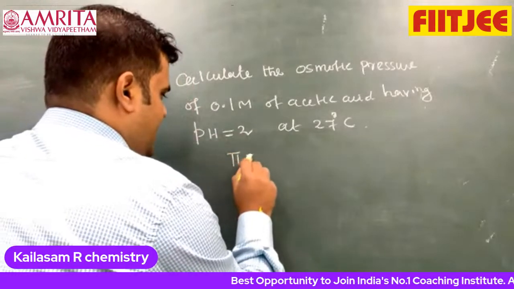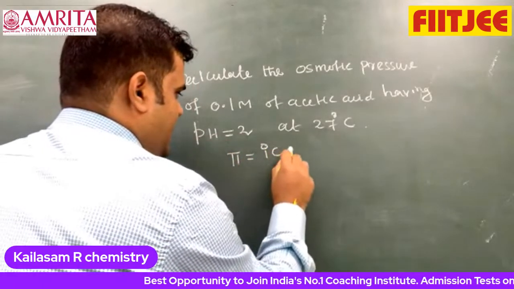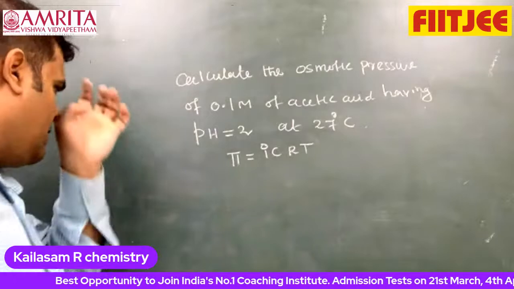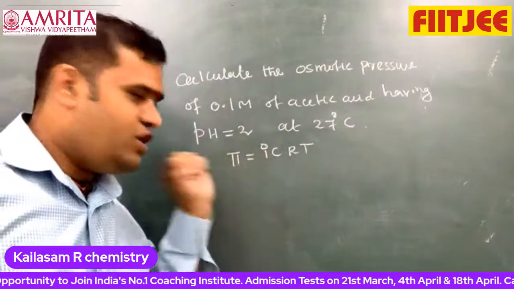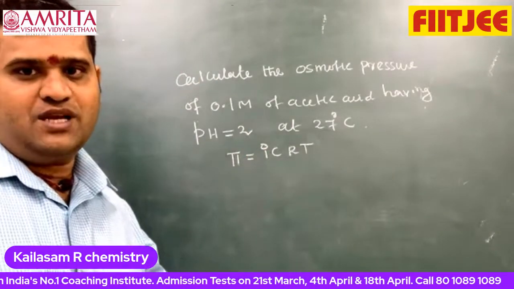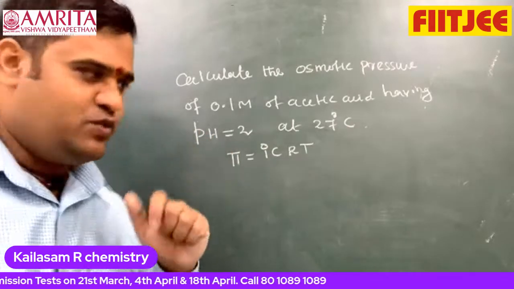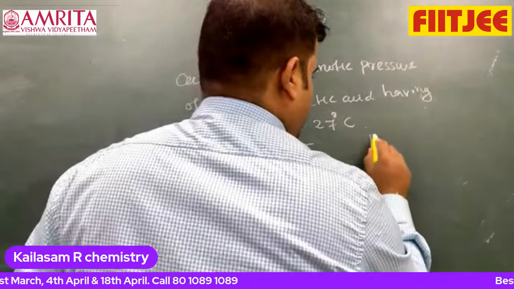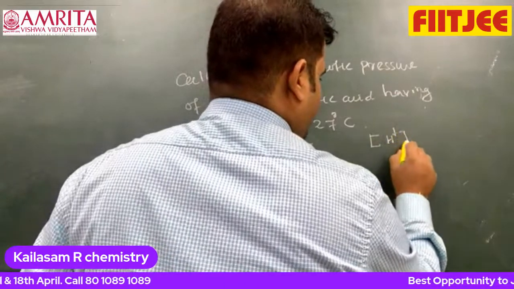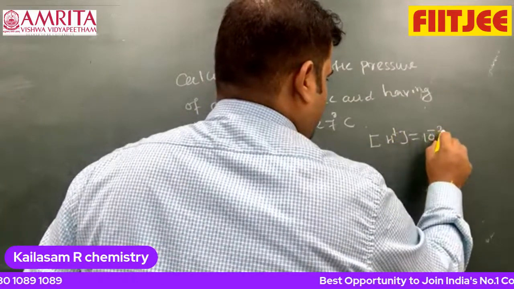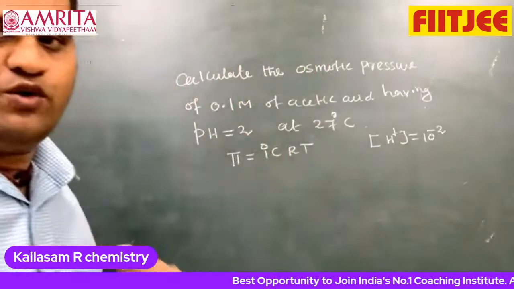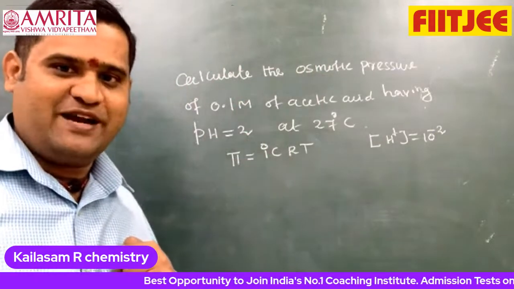Pi is equal to iCRT. Now I want to find i. What they have given us is pH, and pH means the concentration of H plus ion is 10 power minus 2. From this, how am I going to find i? That's a question mark. Not now.